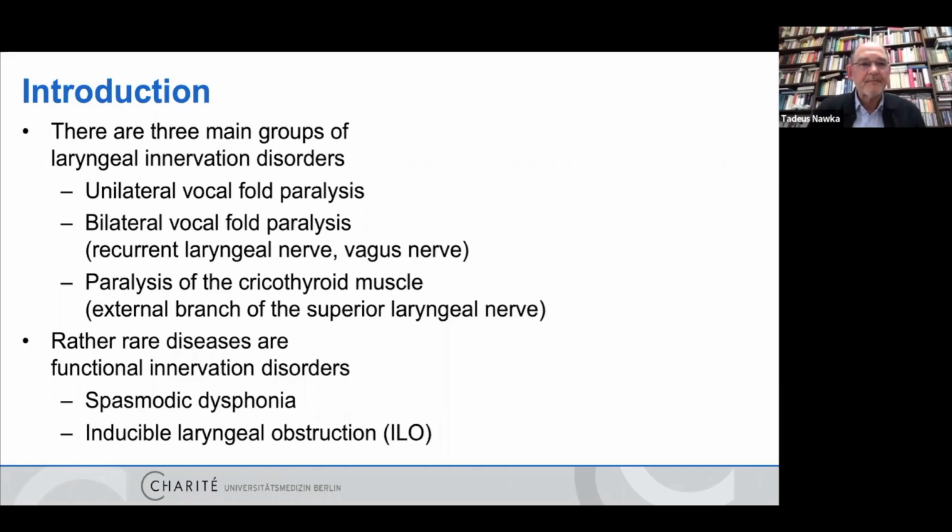We deal with the unilateral and the bilateral vocal fold paralysis and the paralysis of the cricothyroid muscle. Among neurologic diseases in the larynx, we also have functional innervation disorders such as spasmodic dysphonia and inducible laryngeal obstruction.